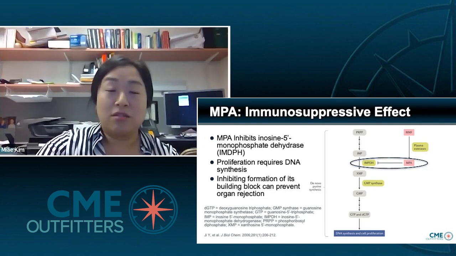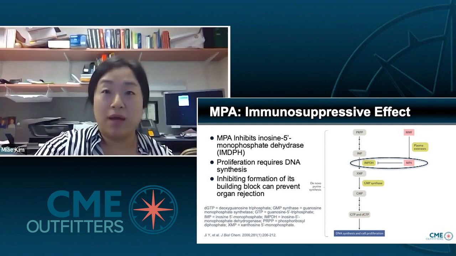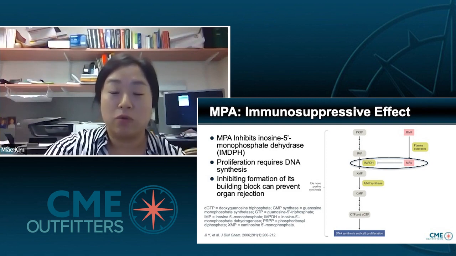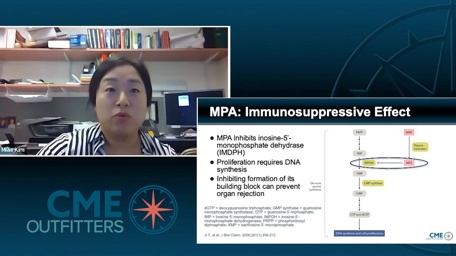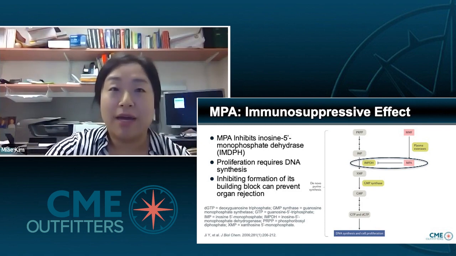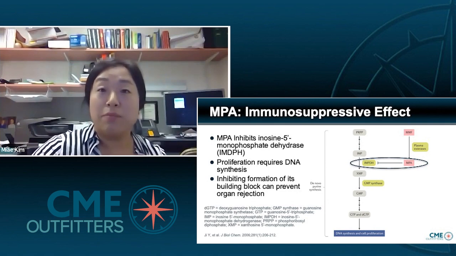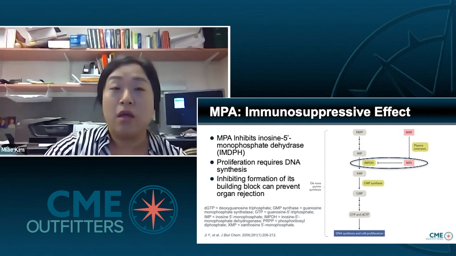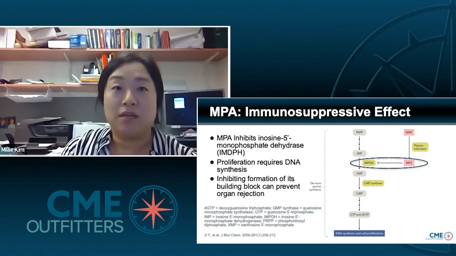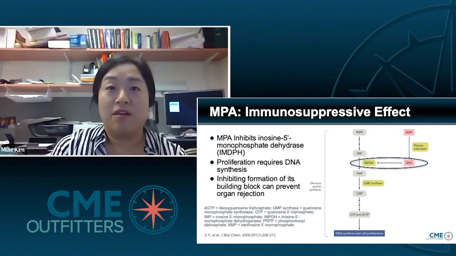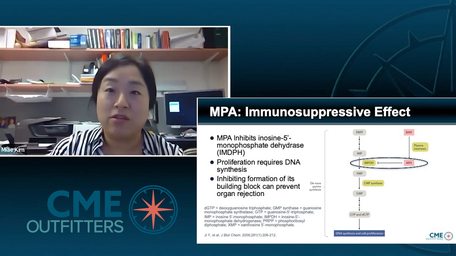MPA exerts its immunosuppressive effect by inhibiting an enzyme called inosine 5'-monophosphate dehydrogenase, IMPDH, which is involved in de novo biosynthesis of guanine. Organ rejection is mediated by lymphocytes via their activation and proliferation.